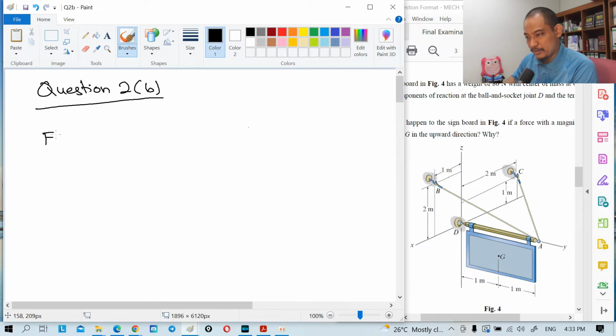If you draw the free body diagram, basically you take this part, the cables you don't draw, you replace them with the forces, and also the ball and socket, right? So basically something like this, if you take it together with the sign, right?